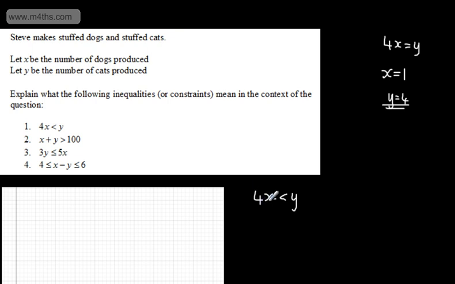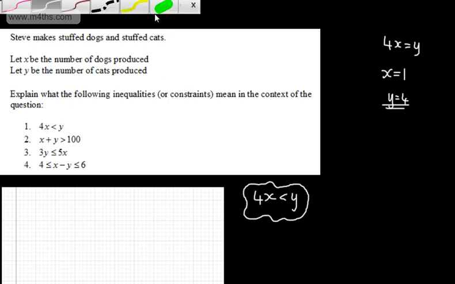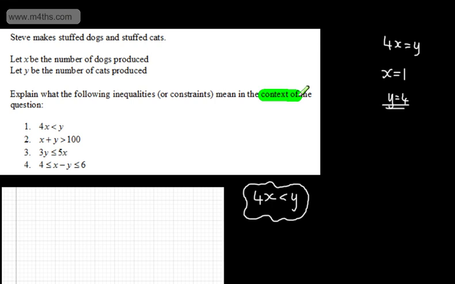Let's read another statement that we could say satisfies this now, or essentially explains this in the context of the question. We can't just say now that 4x is less than y. The context of the question here, what we're looking at is relative to now the number of dogs and the number of cats produced. So here's the next statement. The number of dogs must be less than 1/4 of the number of cats.